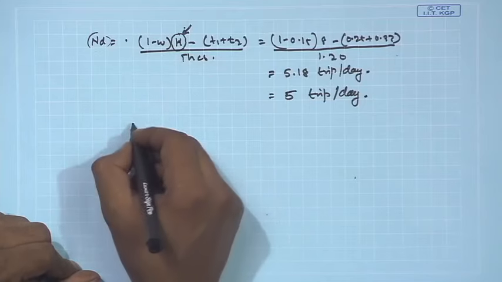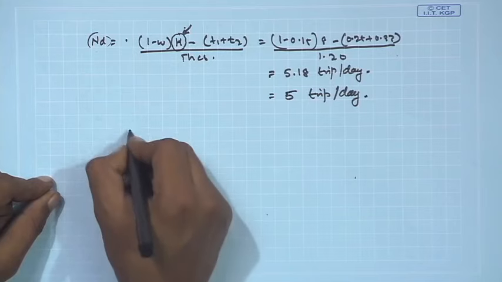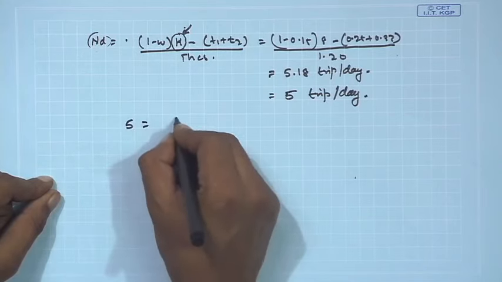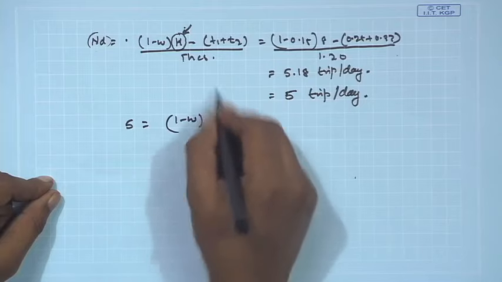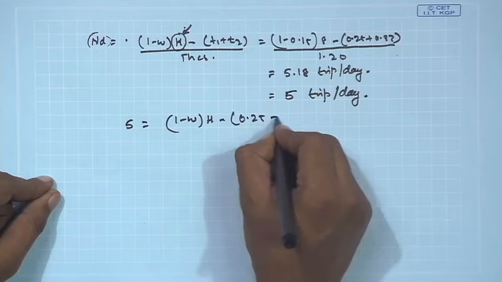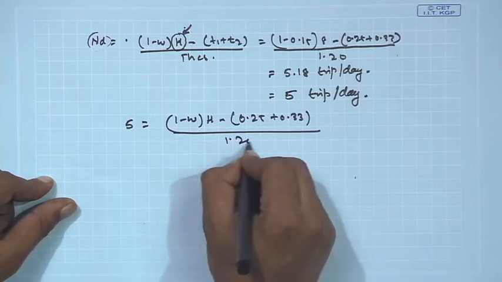Rearranging this, ND we will directly put here, ND is equal to 5, (1 minus W), and the H we have to find, T1 and T2 are the same values, and THCS is also the same value.